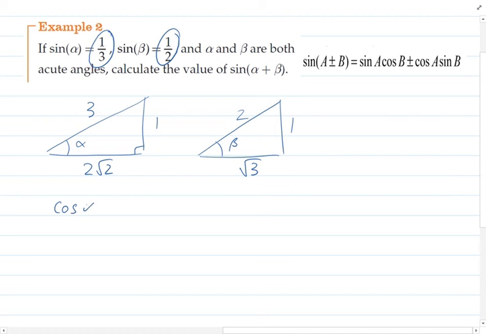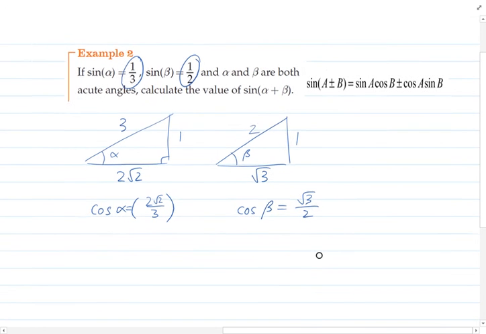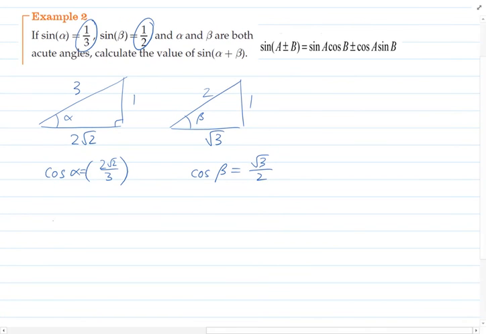So cos alpha is going to be adjacent over hypotenuse, so 2 root 2 over 3, and cos of beta is going to be adjacent, which is root 3, over hypotenuse, which is 2.